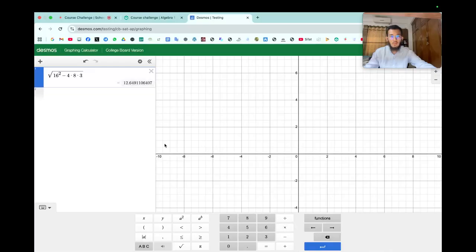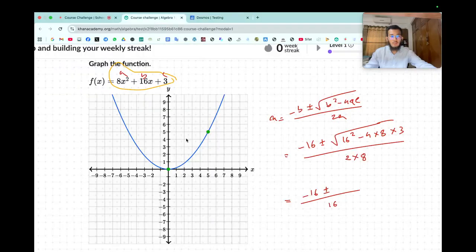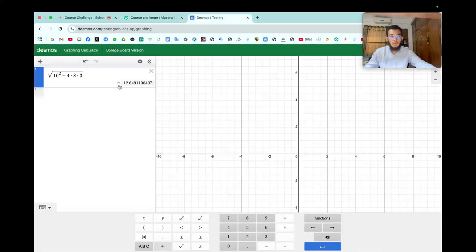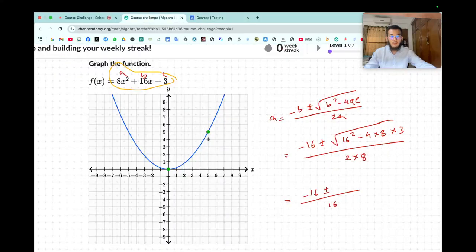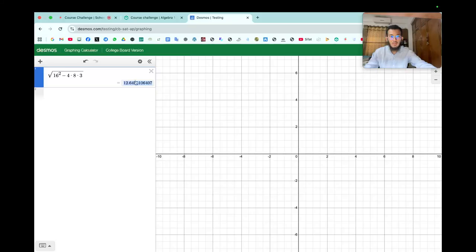Okay, so problem: we don't have good values. 16 square minus 4 times 8 times 3 gives us this.